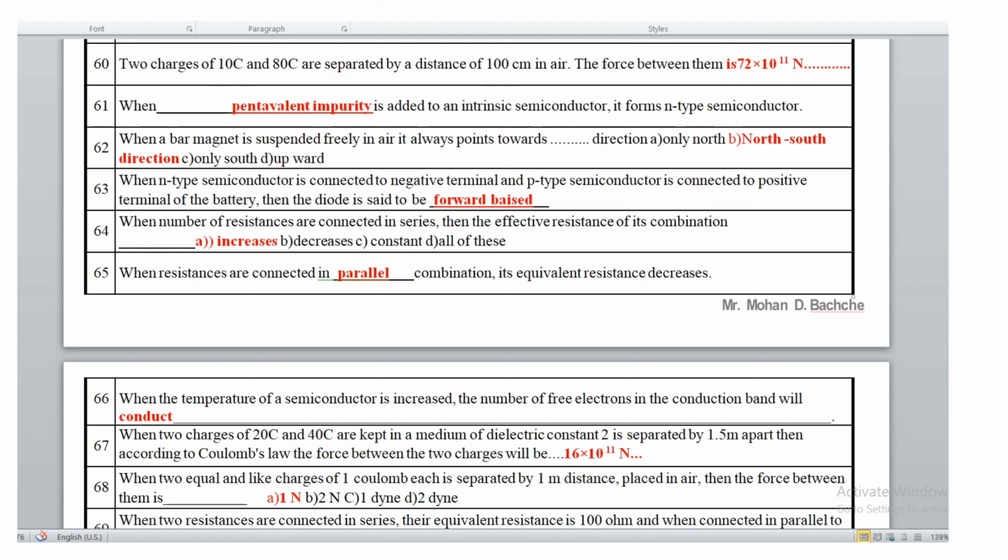When N-type semiconductor is connected to the negative terminal and P-type semiconductor is connected to the positive terminal, then the diode is said to be forward biased. When a number of resistors are connected in series, the effective resistance of the combination increases. When resistors are connected in parallel combination, the equivalent resistance decreases.